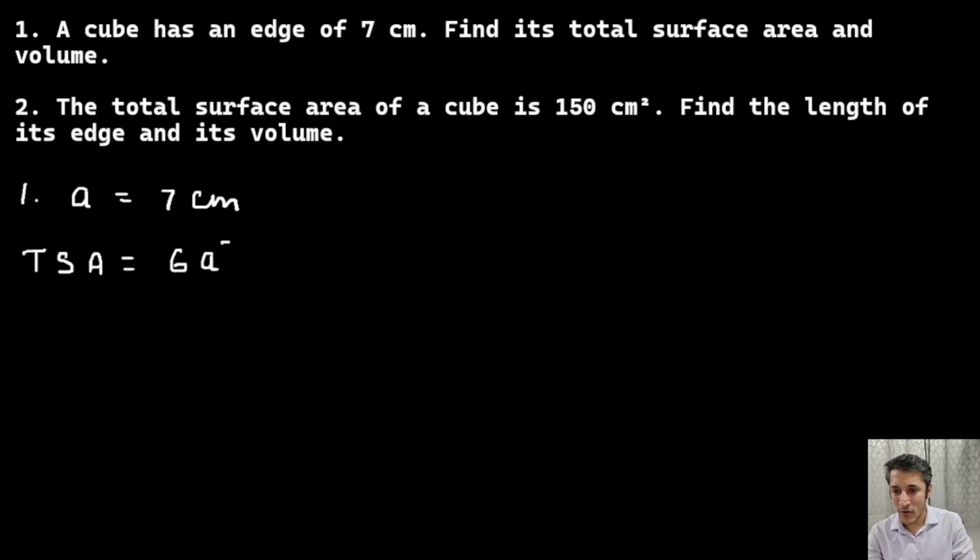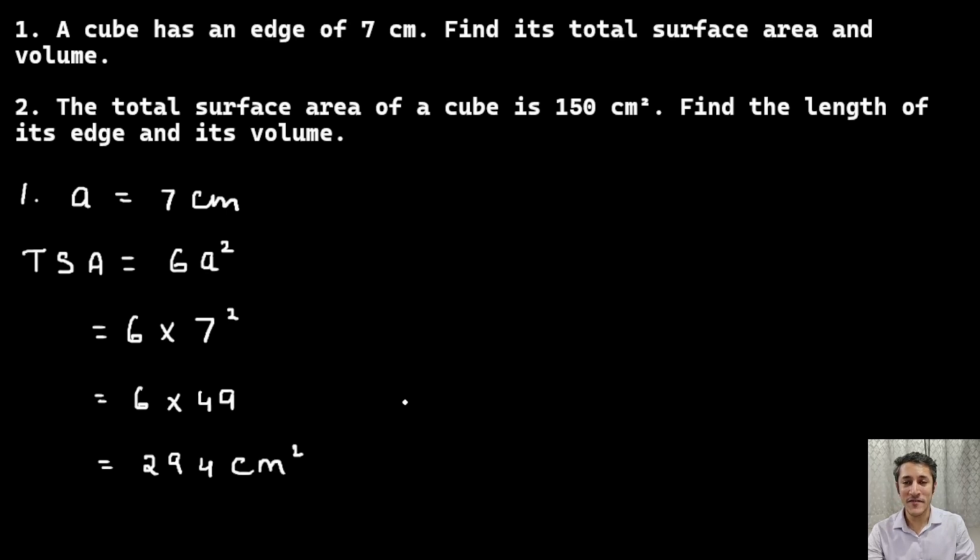This is the formula for TSA of a cube. So we get 6 multiplied by 7 squared. This will be 6 into 49, and 6 multiplied by 49 will give us 294. And the unit, as we have studied, for surface area is centimeter squared. So the total surface area of the cube is 294 centimeters square.